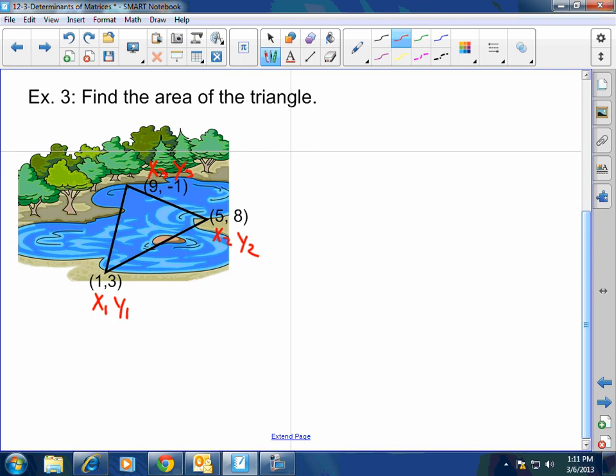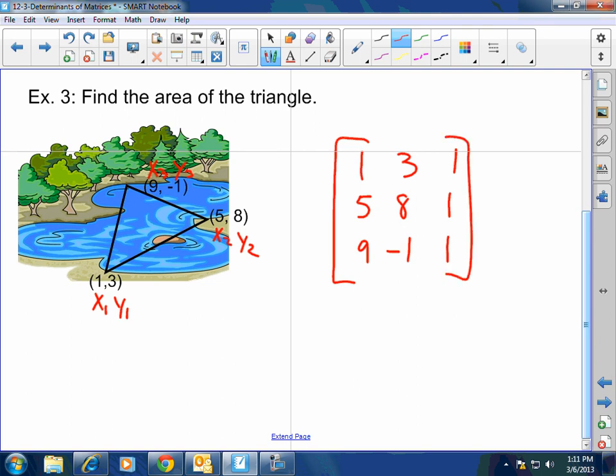Now, your matrix: x1, y1, 1; x2, y2, 1; x3, y3, 1.